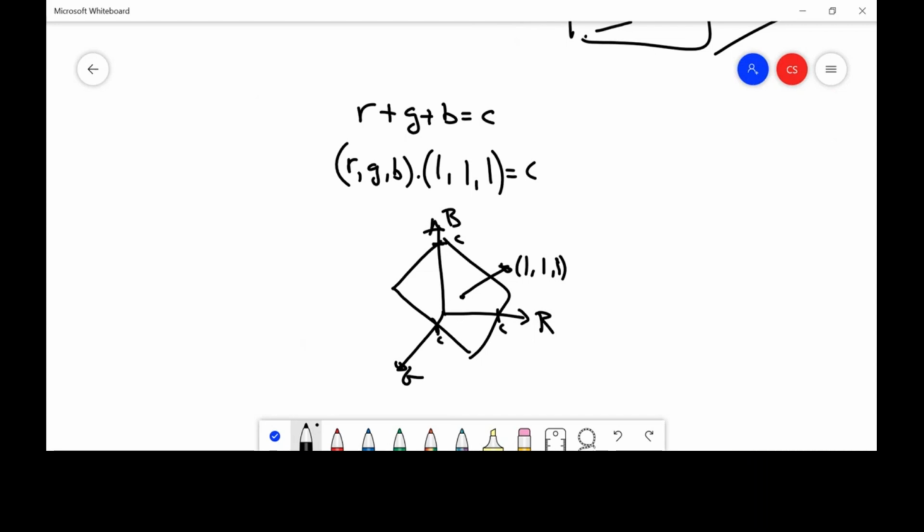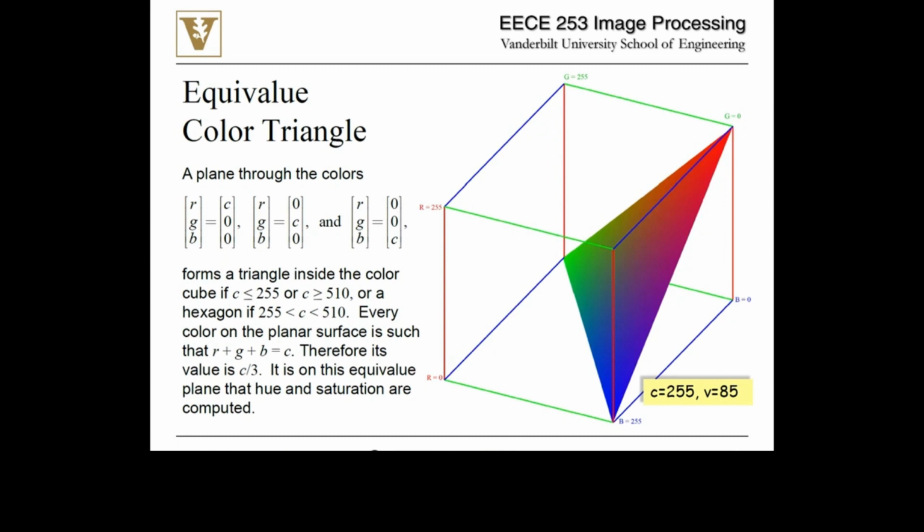Okay, that is what we have represented now, only that the origin is there. So this is the cut of all points, all colors, such that they fulfill this equation. And there are three interesting points, these ones. These are where the plane cuts the basis axes.